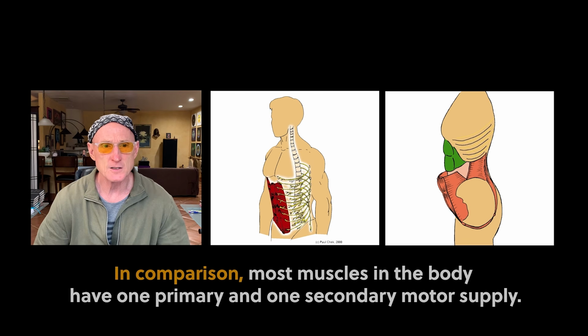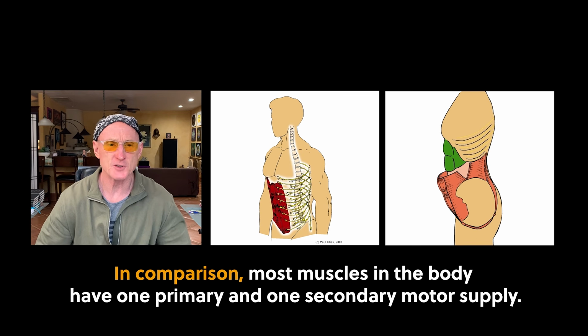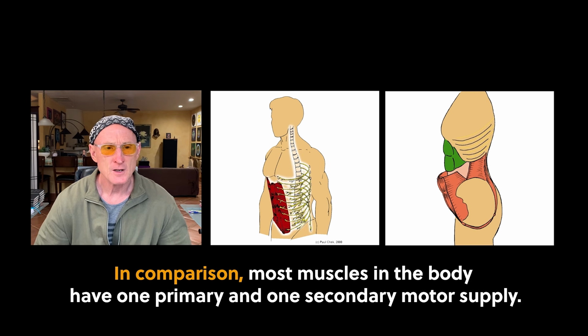In comparison, most muscles in the body have one primary and one secondary motor nerve. So your deltoids are C5, your biceps C6, your triceps C7, etc. So that's a lot of nerve inputs, which means a lot of motor control.